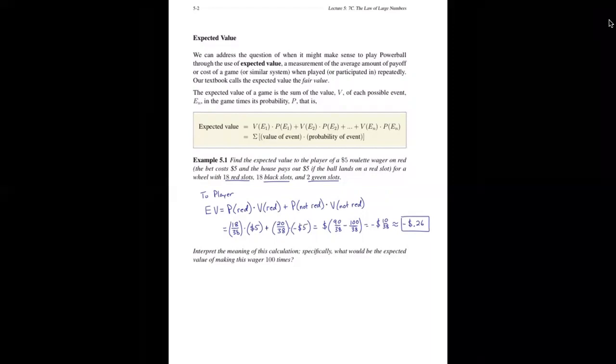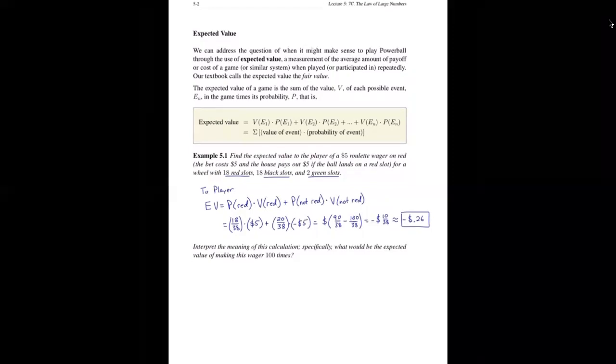So to make more sense of this negative 26 cents that we have for the expected value, let's look at the next part of the example. This might help to clarify. It says interpret the meaning of this calculation. Specifically, what would the expected value be if we made this wager 100 times? Okay, so the EV, expected value of 100 red wagers.